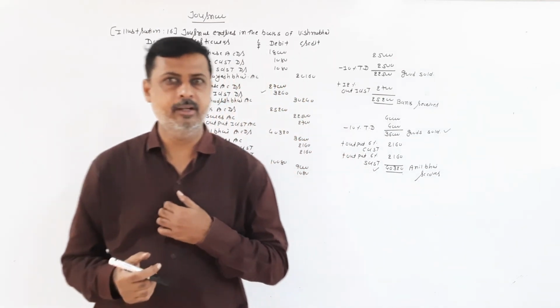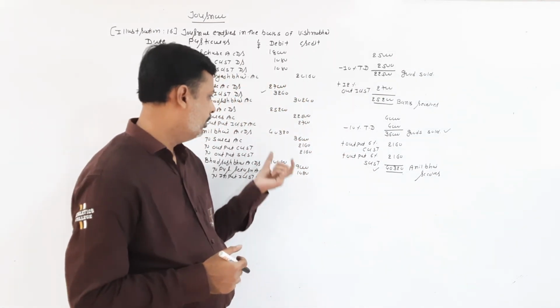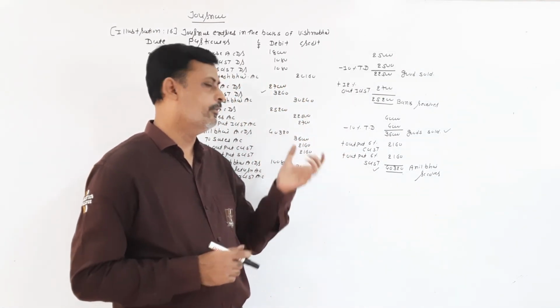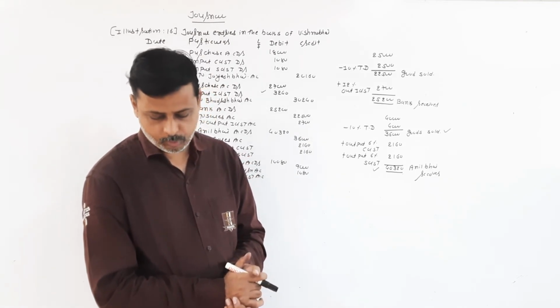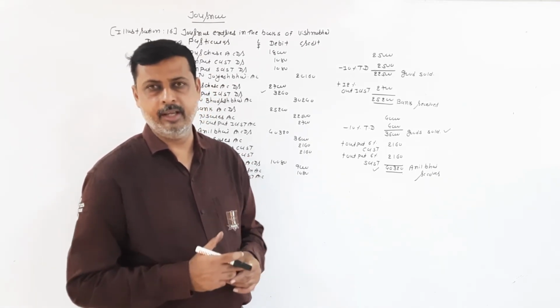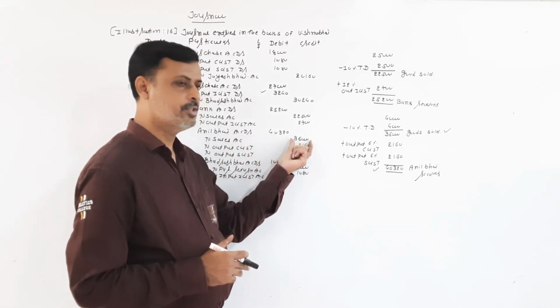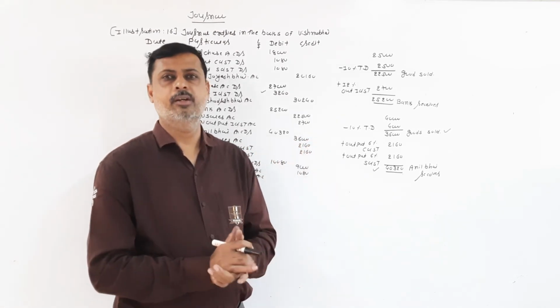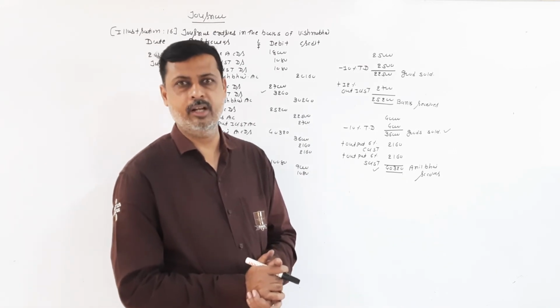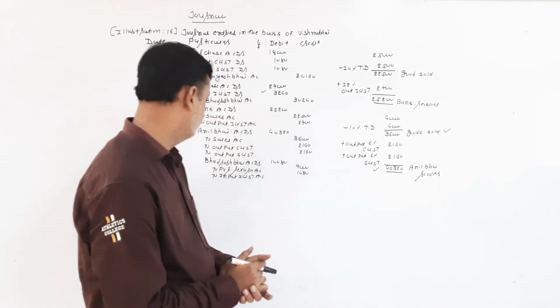Now Anil Bhai returned one fourth: 40,320 divided by 4, that is 10,080. Sales amount 36,000, one fourth, that is 9,000.